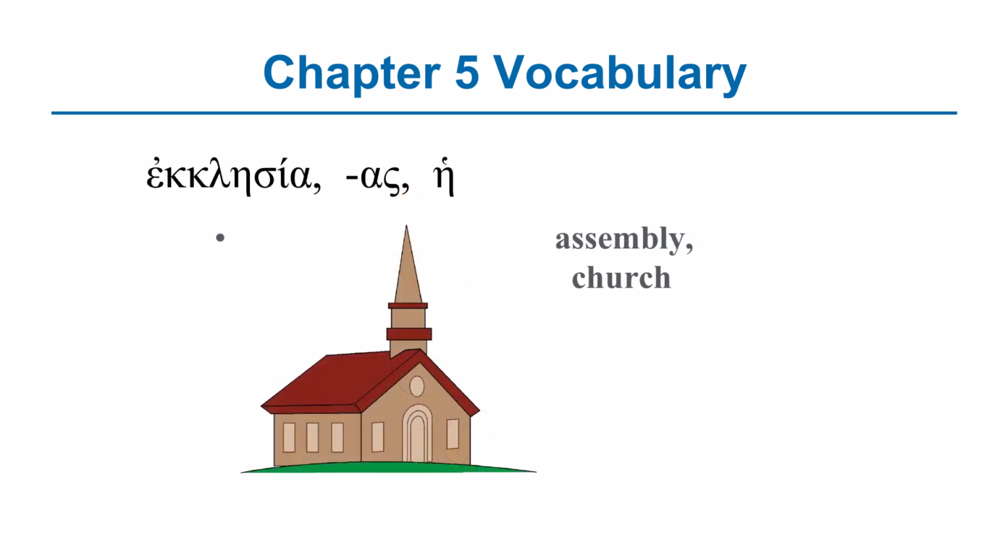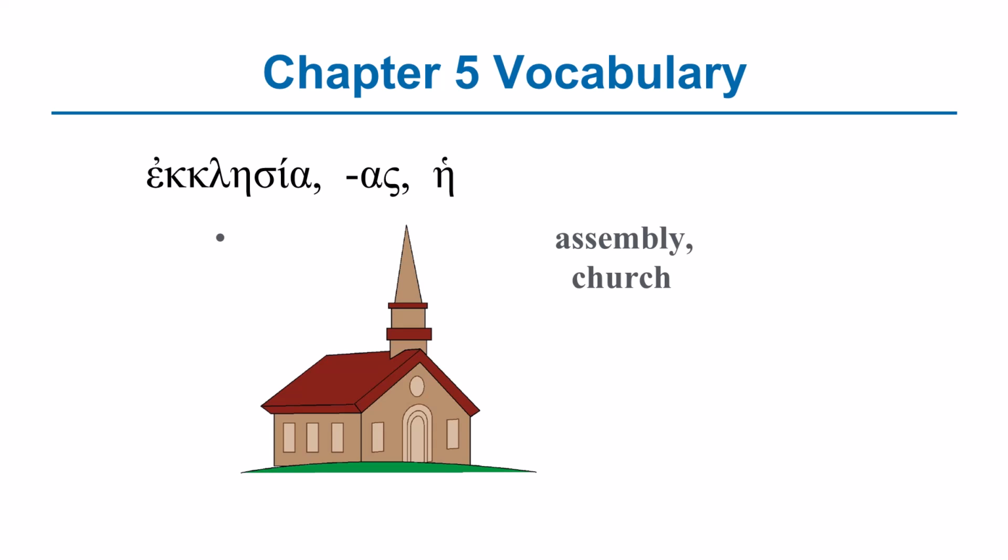And you have ekklēsia. And ekklēsia means assembly, the church. This word is important because ekklēsia comes from two Greek words. Ek, meaning out of, and kaleō, meaning to call. So the word ekklēsia means the called out. So the church represents a body of believers that are called out of the world to stand different from the world.